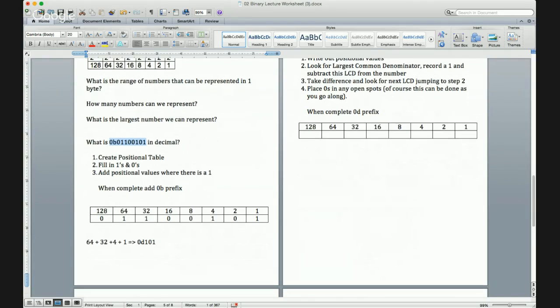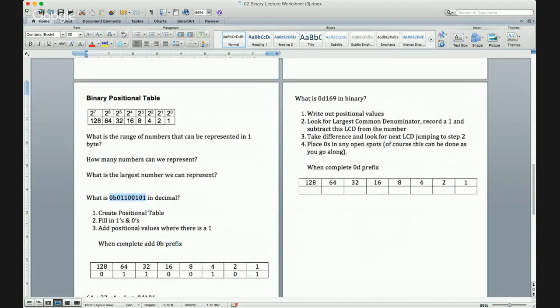Now, how do I go from decimal to binary? Well, I actually start the same way. I write out the positional values: 1, 2, 4, 8, 16, 32, 64, 128. And I'm going to move left to right, just like I showed with that number 957. I write out the positional values, and then I look for the largest common denominator, recording a 1 where I can.